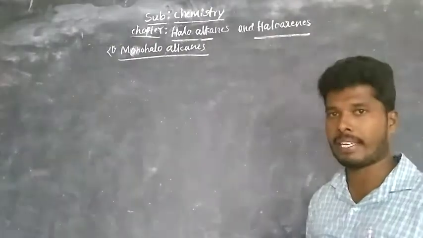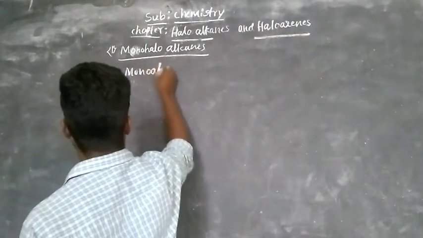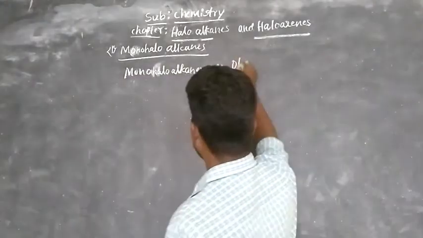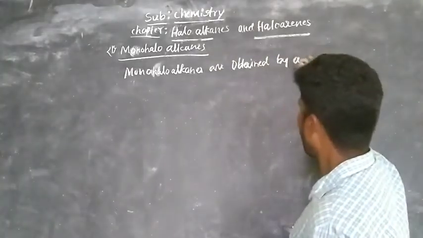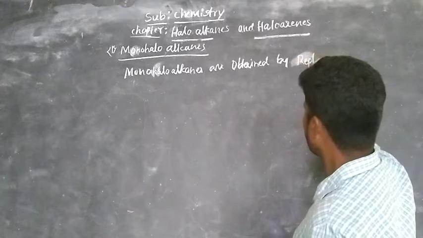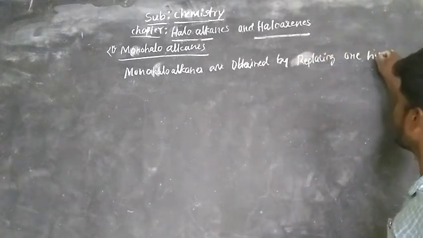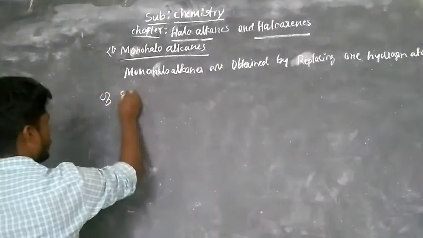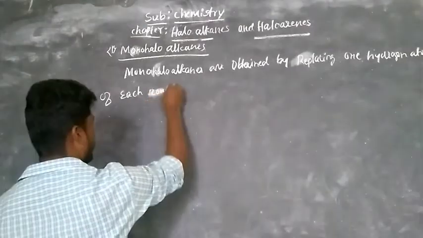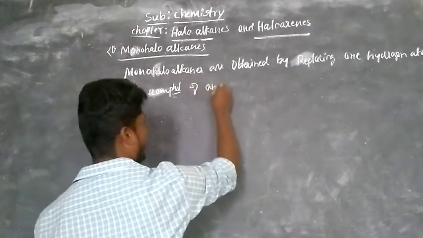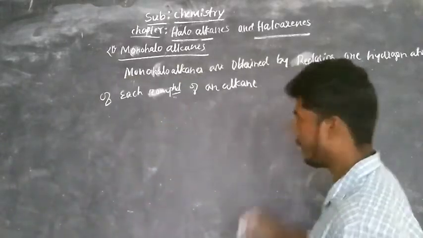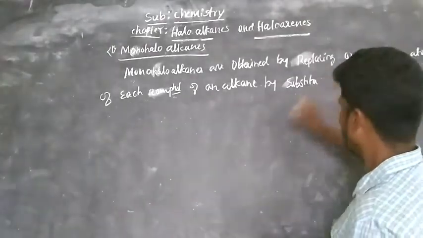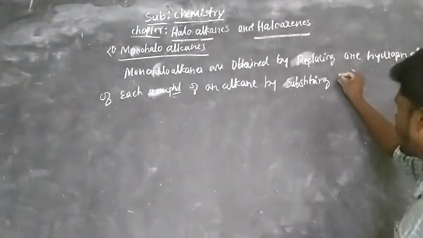That is, monohaloalkanes are obtained by replacing one hydrogen atom of each molecule of an alkane by substituting a halogen atom.